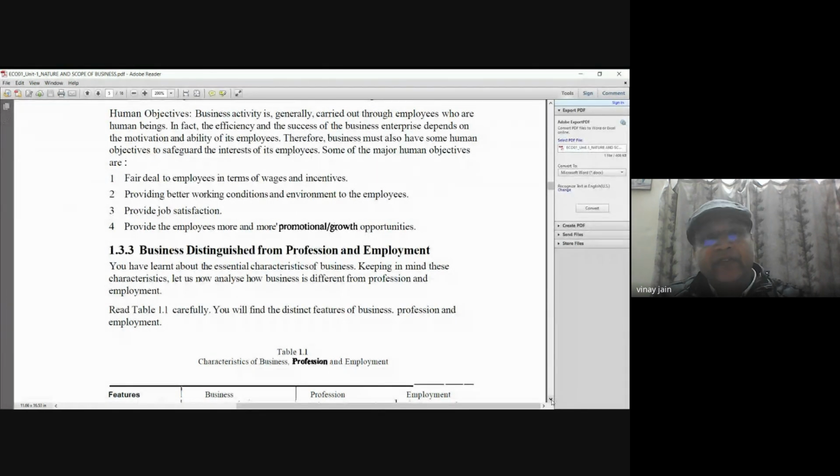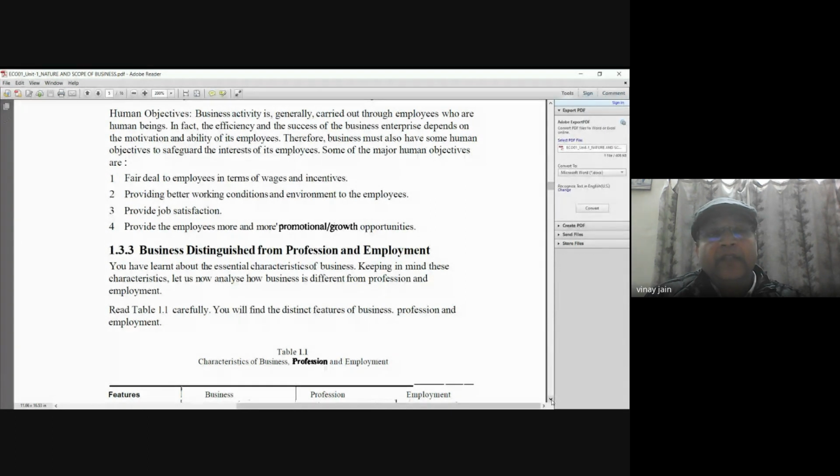In fact, the efficiency and success of the business enterprise depends on the motivation and ability of its employees. Therefore, business must also have some human objectives to safeguard the interest of its employees. So, guys, human objective should also be there.